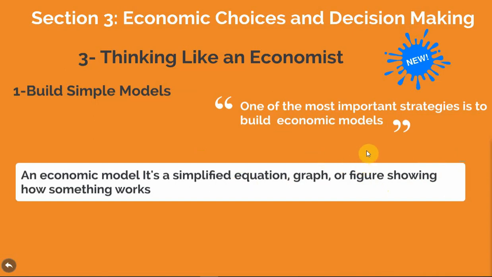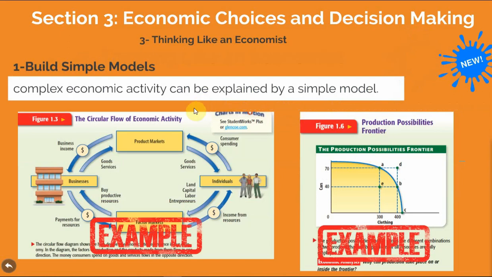And the second one is an example of building simple models. These are examples of simple models that we already have taken. The first one is the circular flow of economic activity and the production possibility frontier.